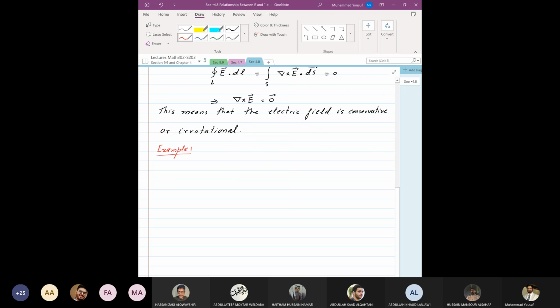Example: a point charge of 8 microcoulomb is located at point 1, 0, 0.